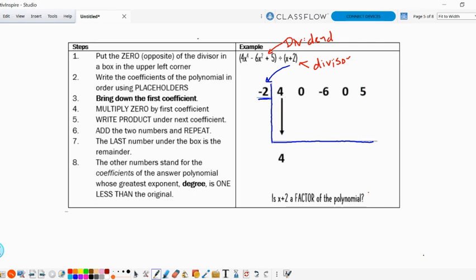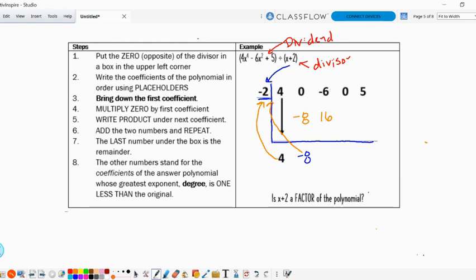And then we're going to multiply. 4 times negative 2. And we're going to write that answer, that product, right underneath the next coefficient, and we're going to add. 0 plus negative 8 gives me negative 8. Now we're going to repeat that process. The negative 8 times negative 2 gives us positive 16. Now we're going to add.